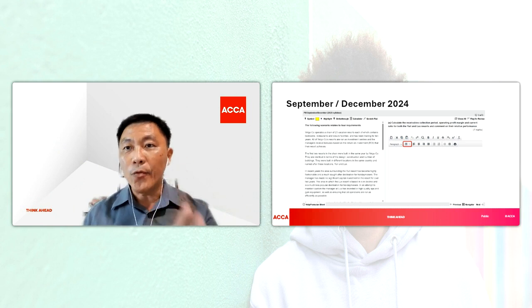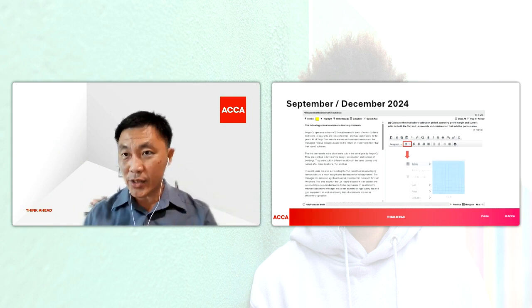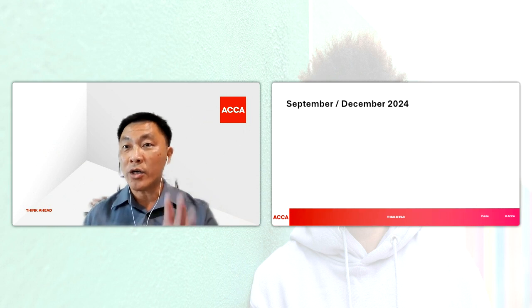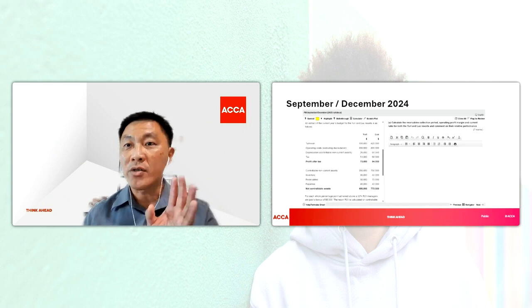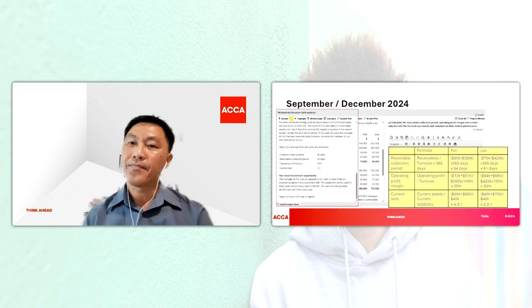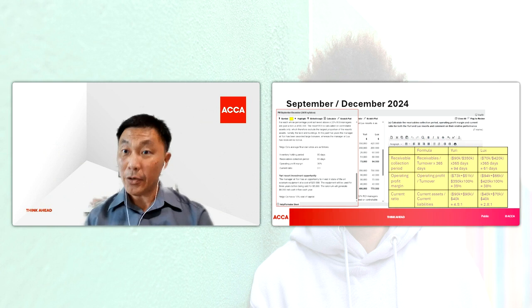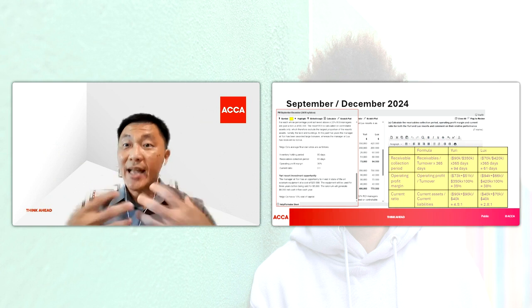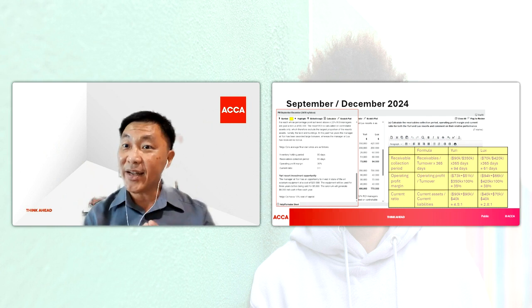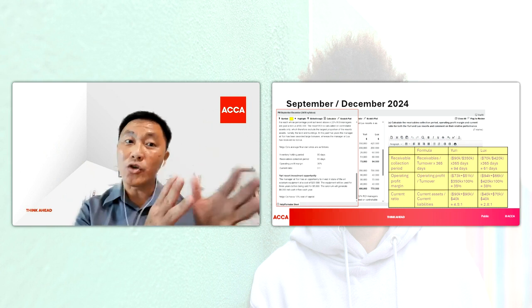Make full use of these table functions, everyone. That will allow you to structure your working in a more systematic manner in this way. Do you see that? The way I present the working is so much different and so much more market-friendly compared to the one that you saw a moment ago.